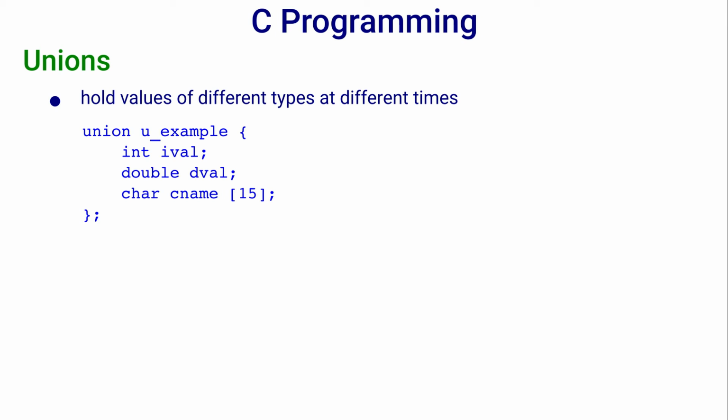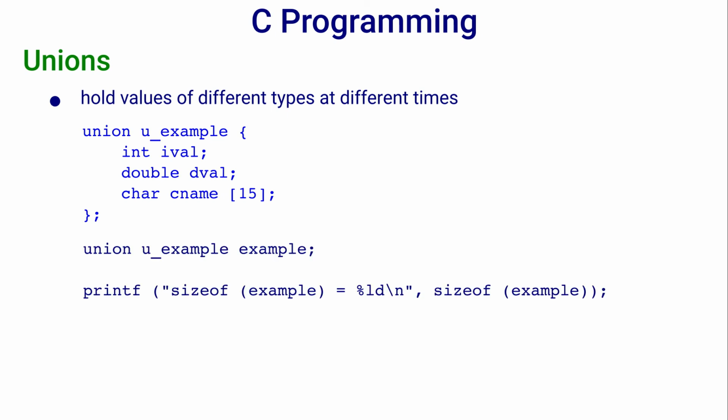So although you see multiple members, only one of them is alive at any time. The size of a union is the size of the largest member plus any padding that is required for alignment of data fields. So if we define union uexample example, we can print the size of example and it prints 16.